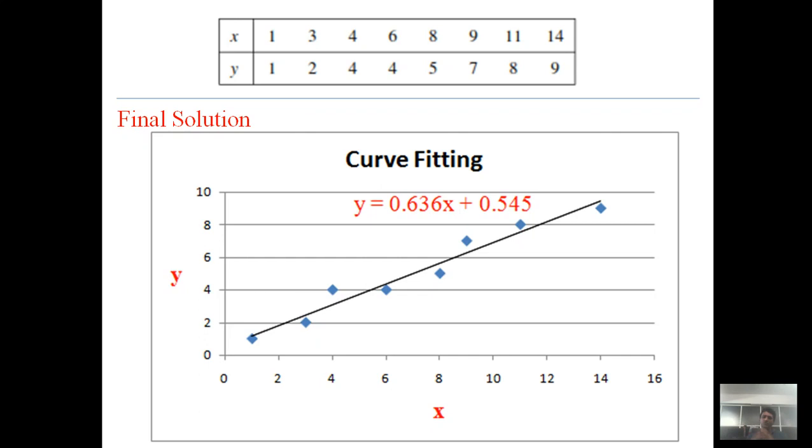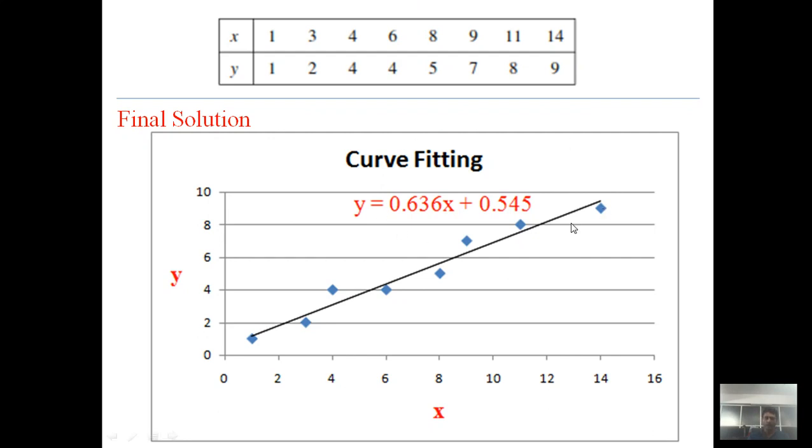Now this slide shows the output of the whole lecture, what we have done in this lecture. So these are the given data, their definition, and the question given which we have to solve. See, these are the points: x1, y1; x3, y2; x6, y4, so this point; and so on, x14, y9 is this point.